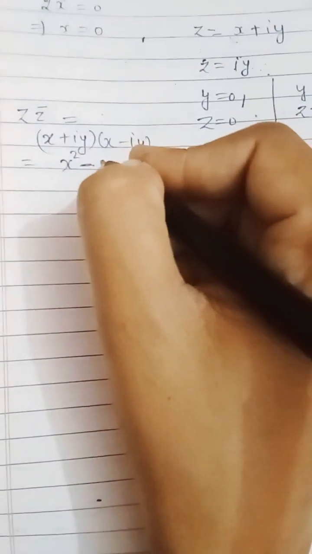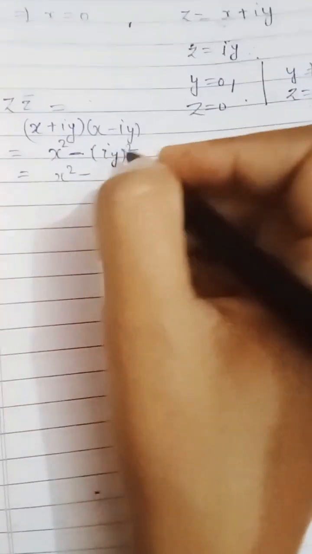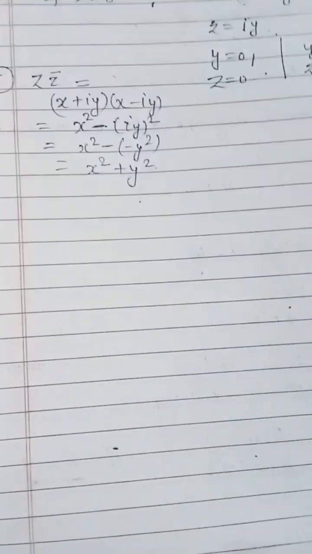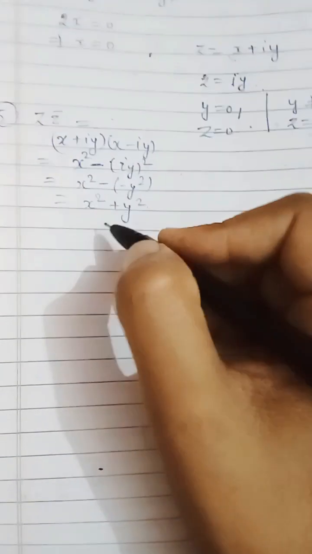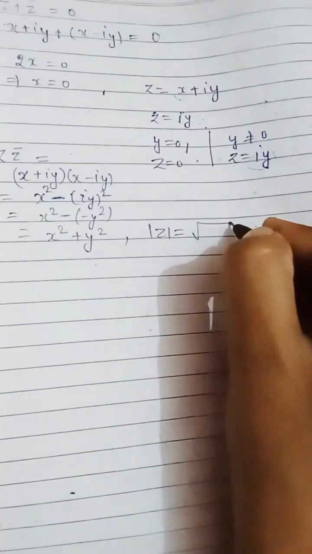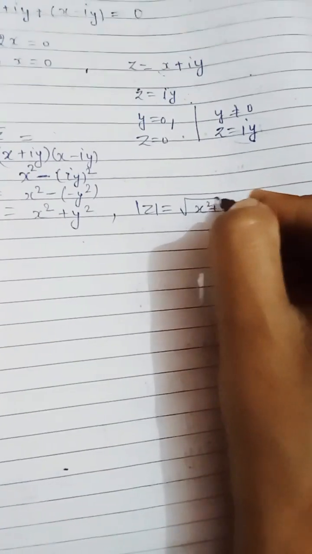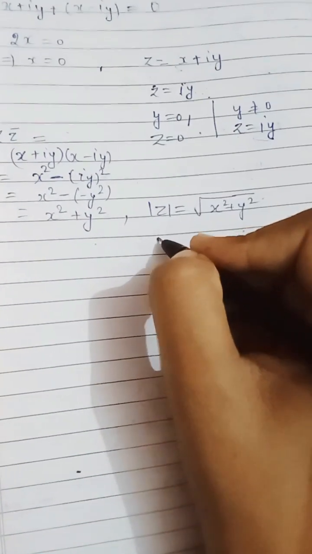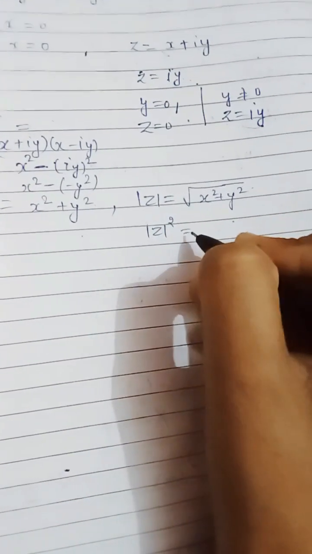It is x square minus iota square y square, that means x square minus minus y square, and x square plus y square, and it could be in the form of modulus of z, because modulus of z is equal to under root of x square plus y square, and if we square on both sides, then mod z square is equal to x square plus y square.